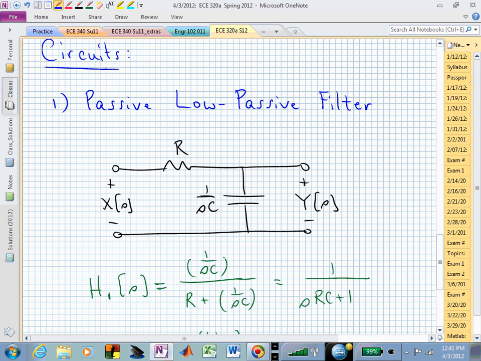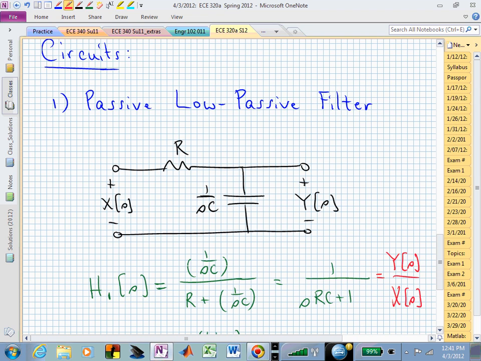That's what I've indicated as H sub 1. Maybe I should have said that this is the ratio of the output's Laplace transform to the input's Laplace transform. We will talk about different ways of writing this.